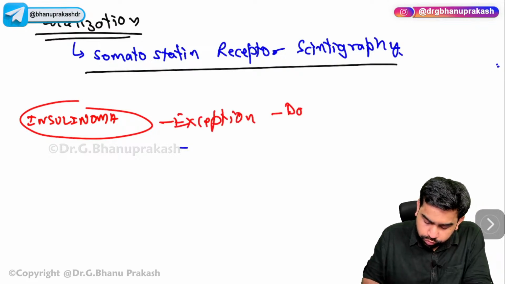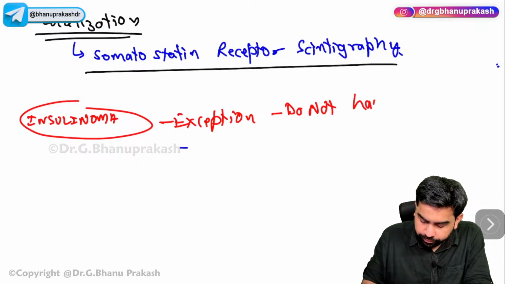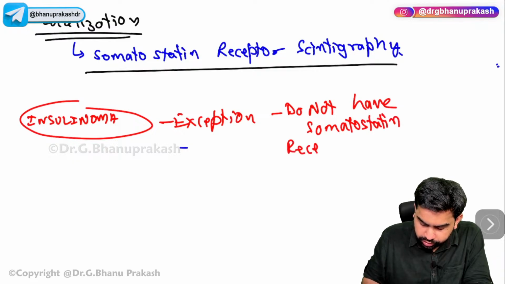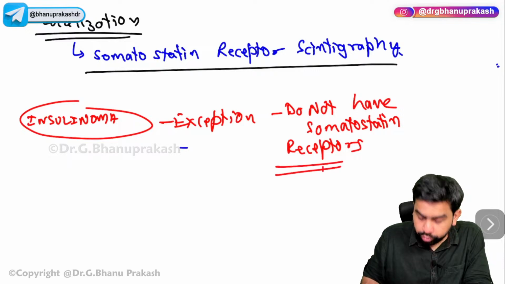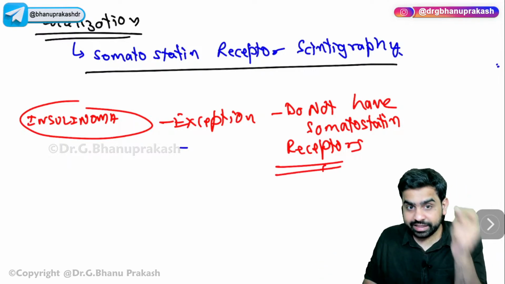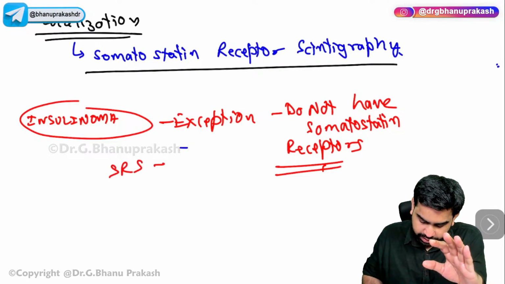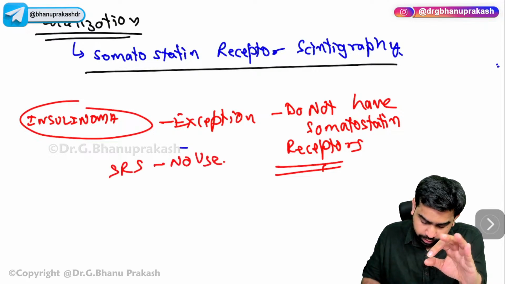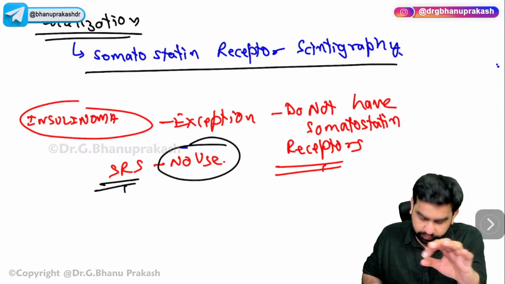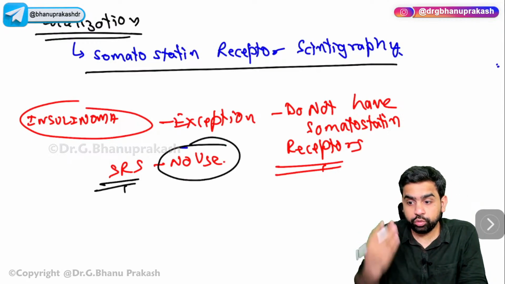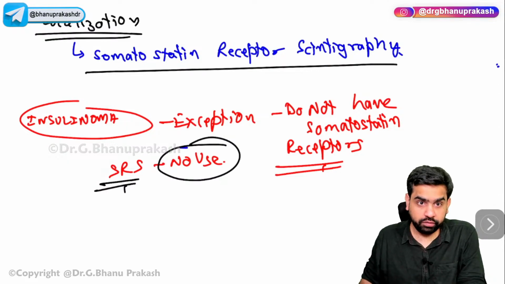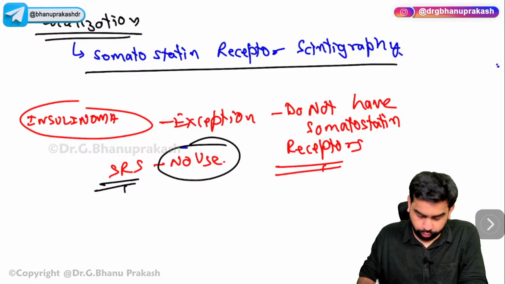These do not have the somatostatin receptors, and that is why they are the exception. So here the somatostatin receptor scintigraphy is of no use, because they do not have the somatostatin receptor. I hope you have understood this point, guys. Everybody has understood this? Yeah, got it, right? Okay, right.